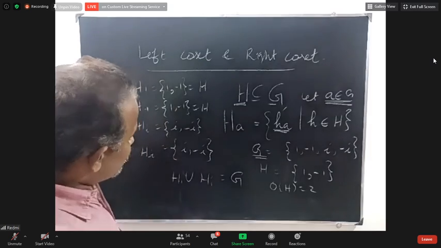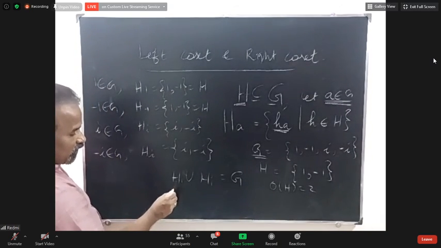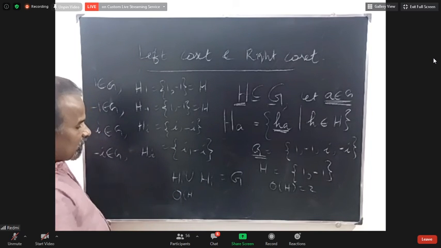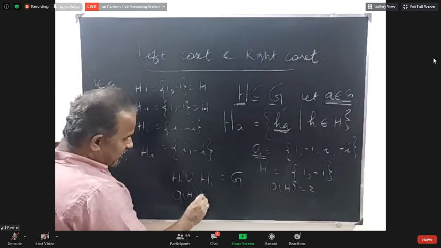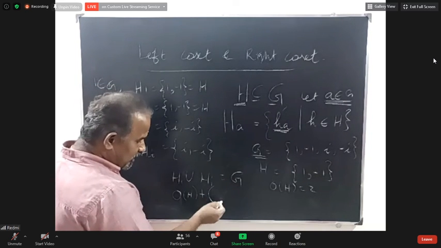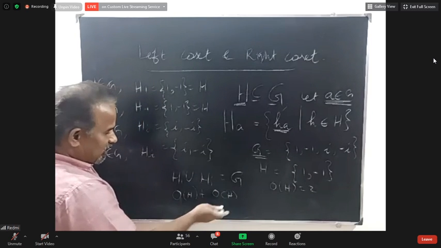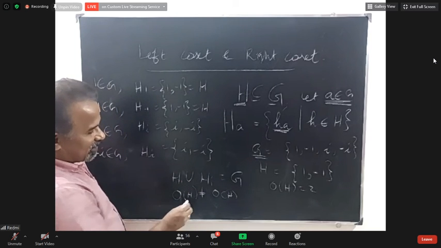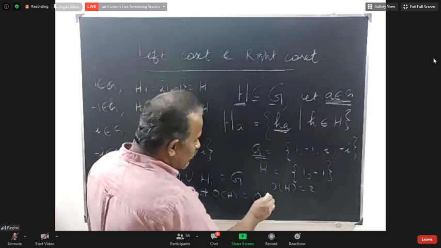Therefore the order of H1 plus the order of Hi, which are distinct, each equal to the order of H, is equal to the order of G.